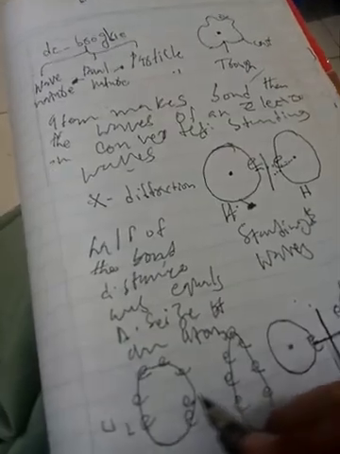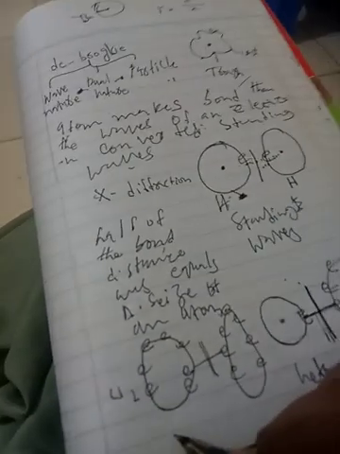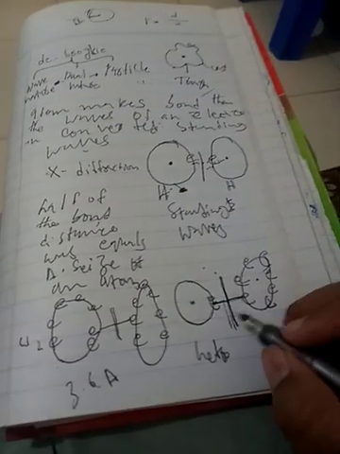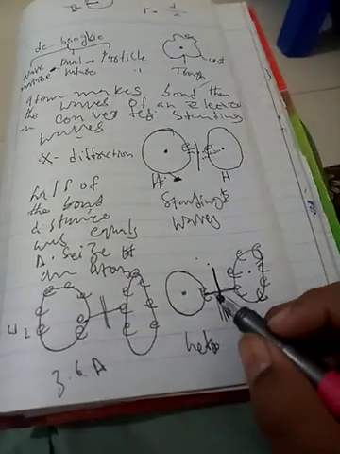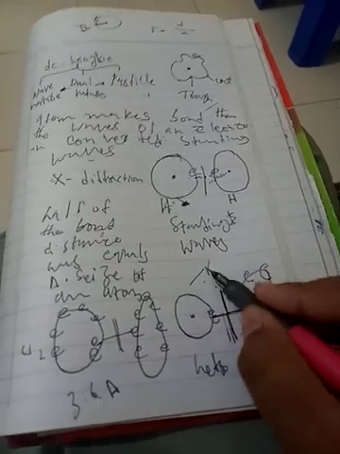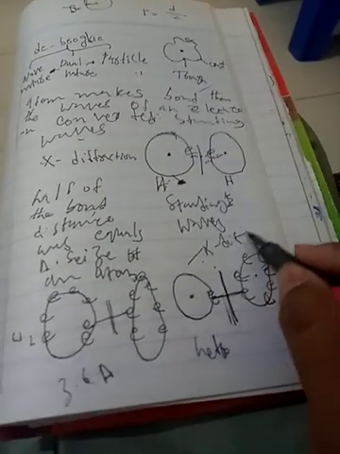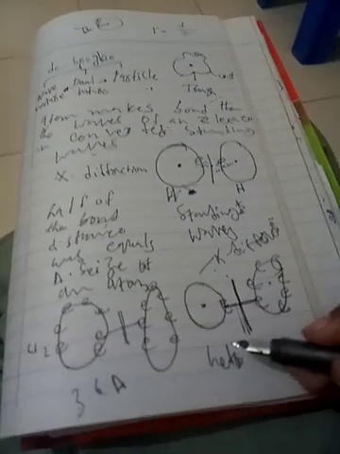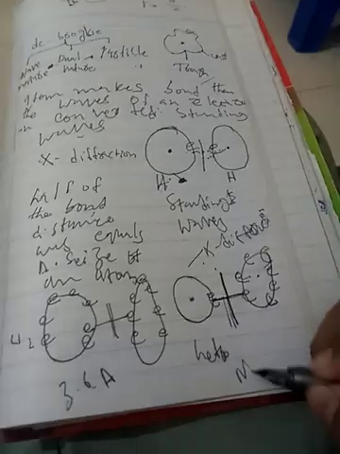When they make a bond, the half size, for example, is 3.6 angstrom. We subtract this 3.6 angstrom from the total value which we get from X-ray diffraction, so we can easily find the atomic size of NaCl.